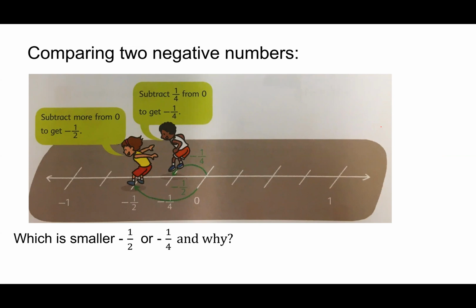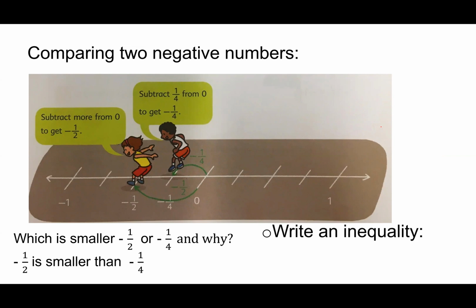Yes, -1/2 is smaller because -1/4 is closer to 0. Nicely done. Thank you for that explanation. So let's write an inequality for that one. -1/2 is less than -1/4. Looks like that. Okay. You'll have that.